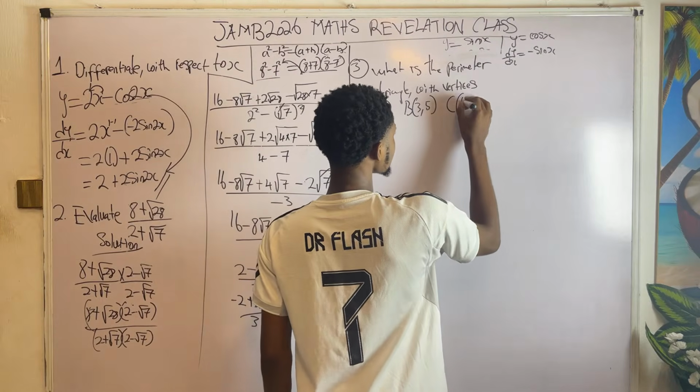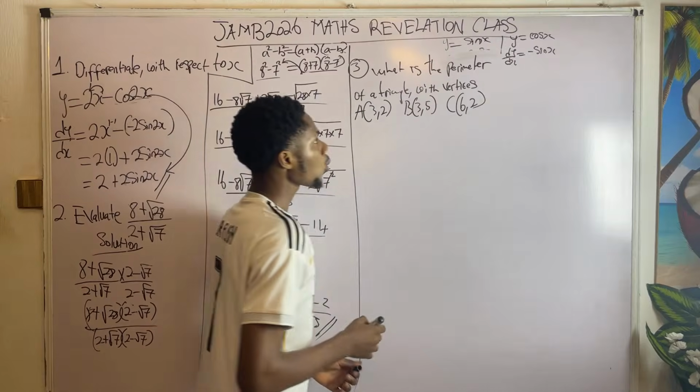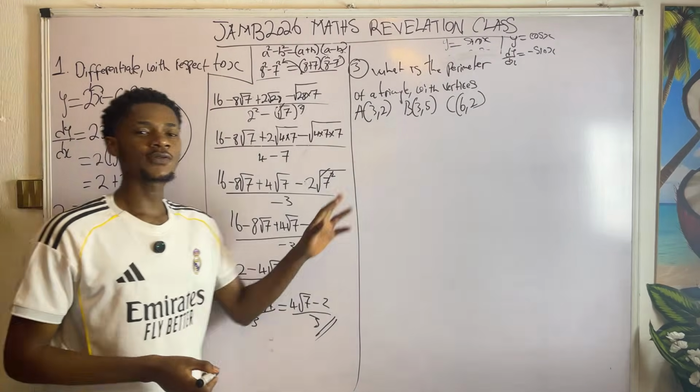What is the perimeter of a triangle with these vertices?